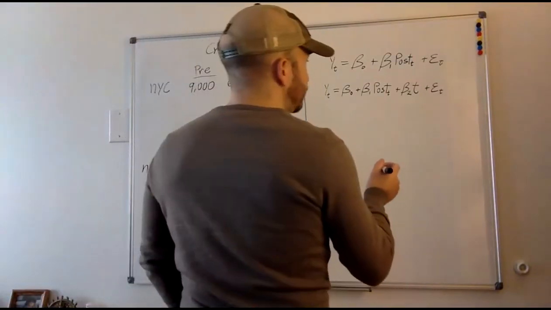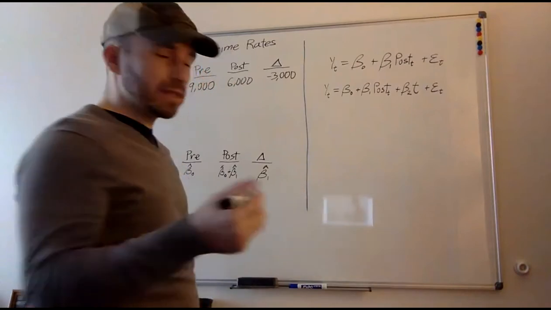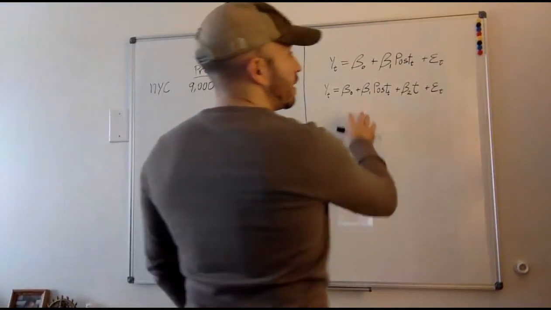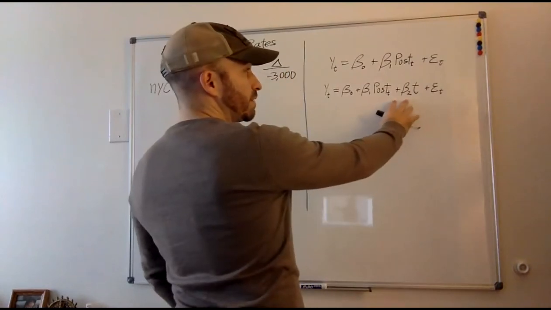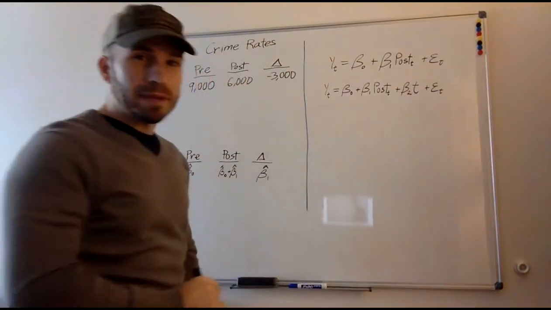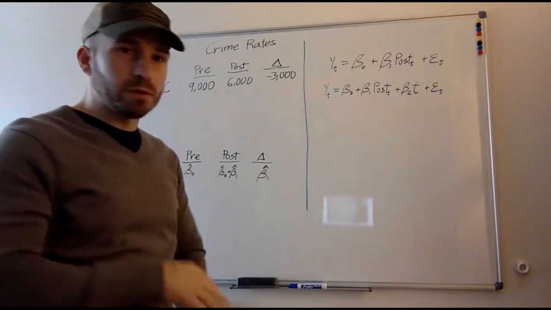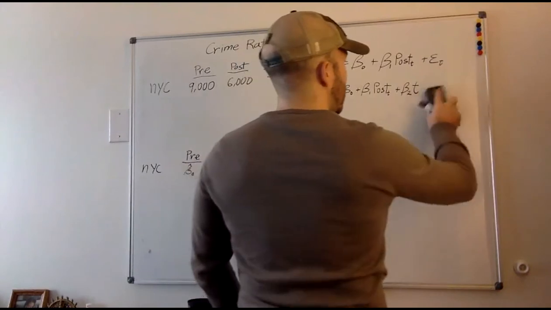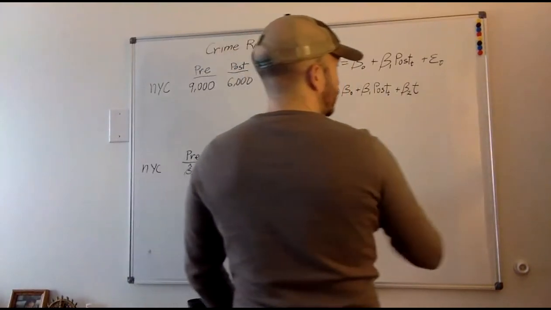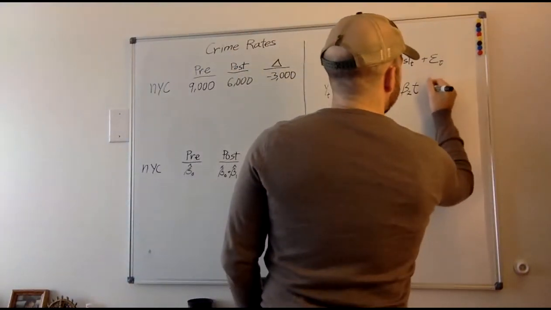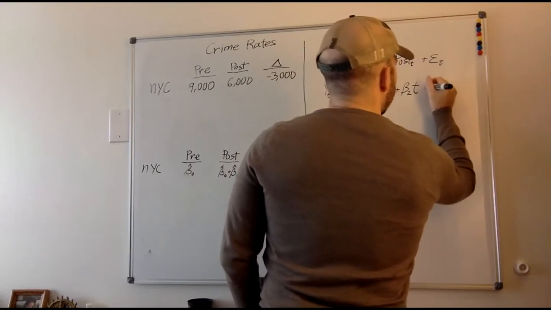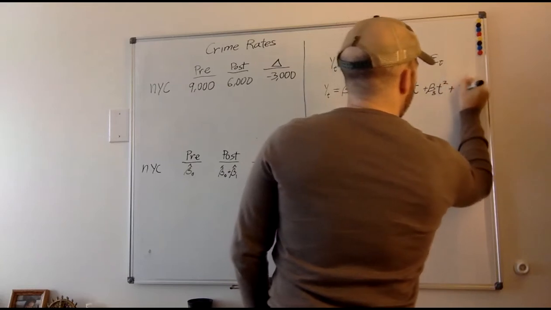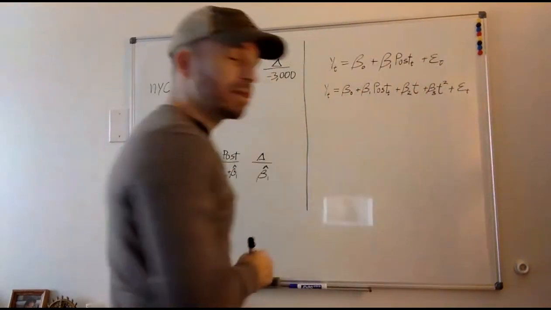Now, a couple of things that we might do to expand this. First of all, a linear trend may be far too restrictive. And so if you want quadratic or cubic, we can just add those terms in here. If I think there's some curvature to the time trend of crime, then I could just add beta 3 t squared plus epsilon t.